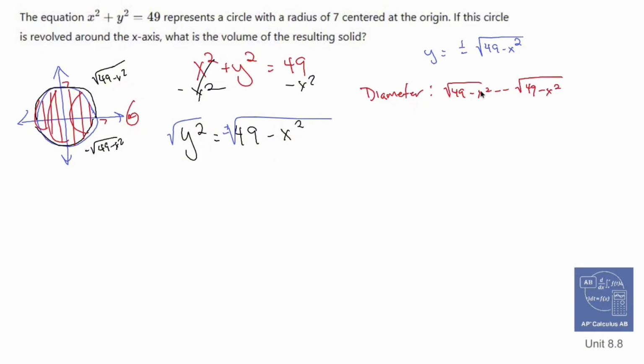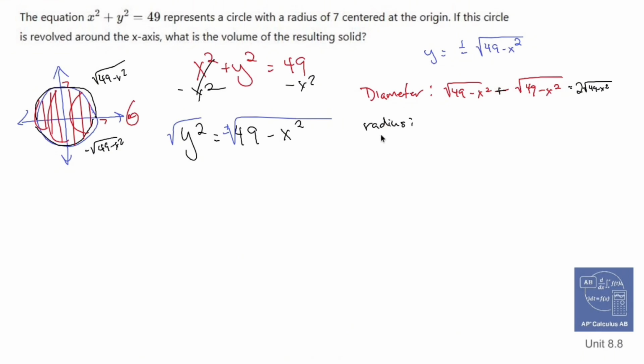That changes everything. Now that gives you a diameter of, double negative makes a positive, 2 square root of 49 minus x squared. That's good because the radius is going to be half of that.